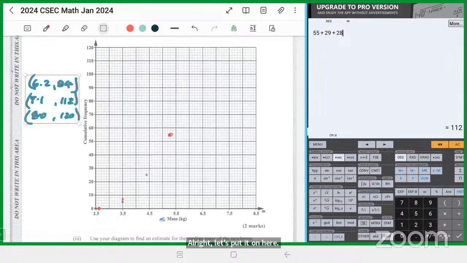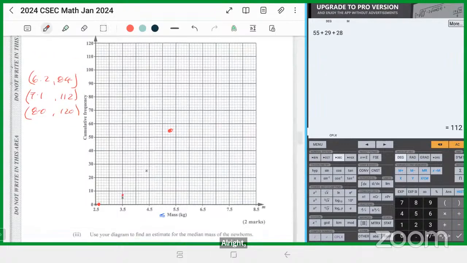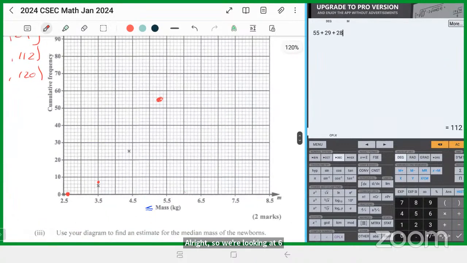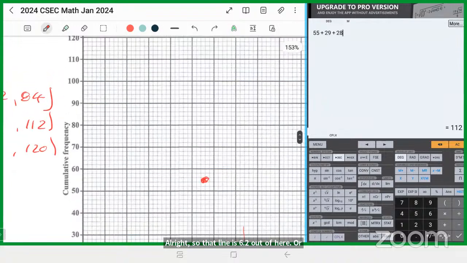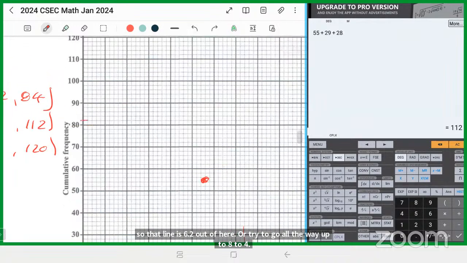All right, so we're looking for 6.2, 84 now. So this is 6 right here. Halfway between 5.5 and 6.5 is 6. This is 6. 6.2 is this line. So that line is 6.2 right up here. We're trying to go all the way up to 84. Where's 84? So this is 80, 82, 84.